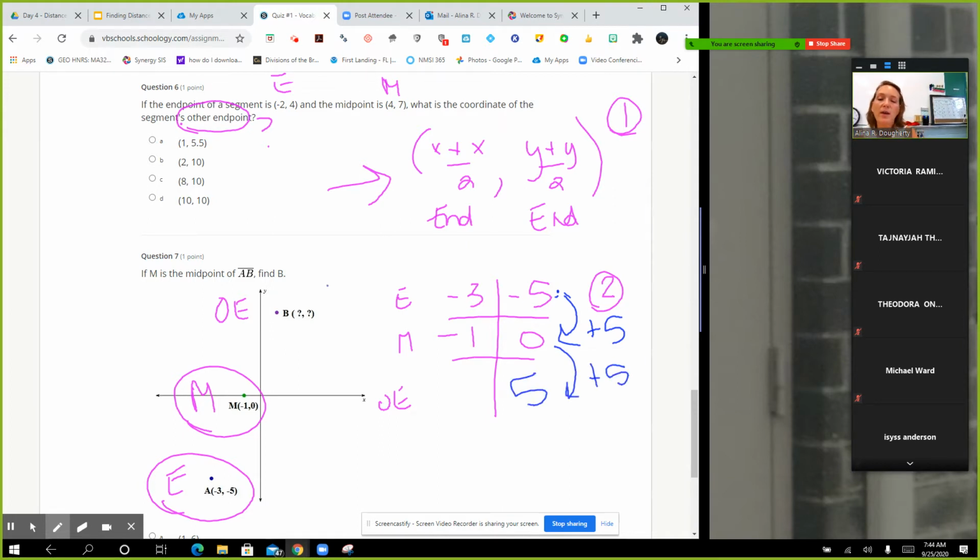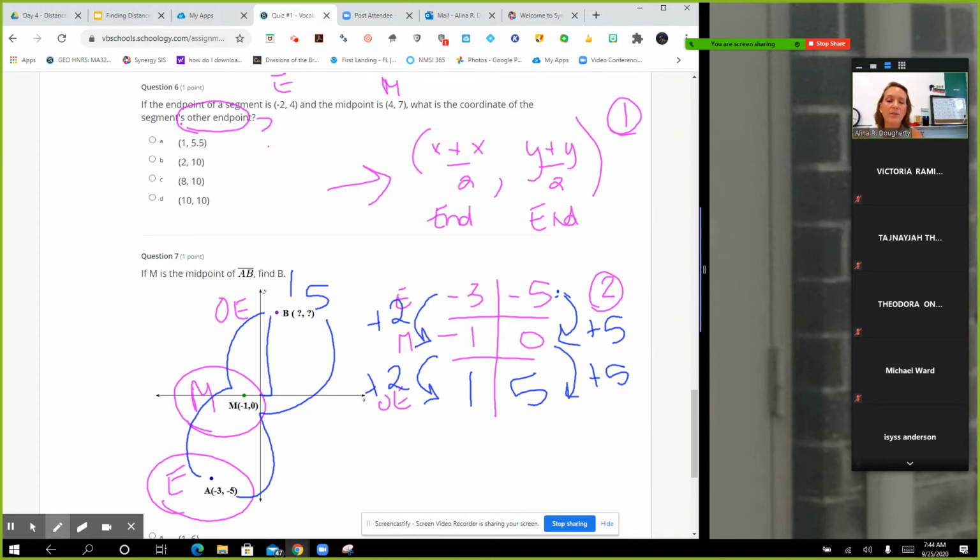So this y value is going to be 5. I'm going from -5 to 0 to +5. And then here I'm going -3 to -1. So that's +2 on the number line. I want to follow that pattern and do +2. -1 plus 2 is 1. I'm going -3 to -1 to 1. So my ordered pair is going to be right 1, up 5.